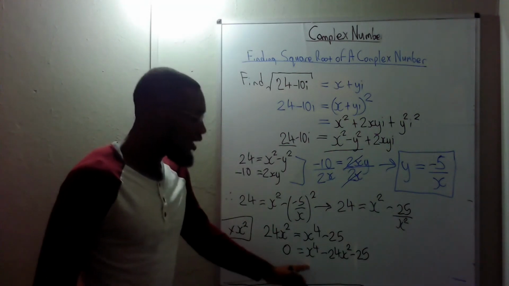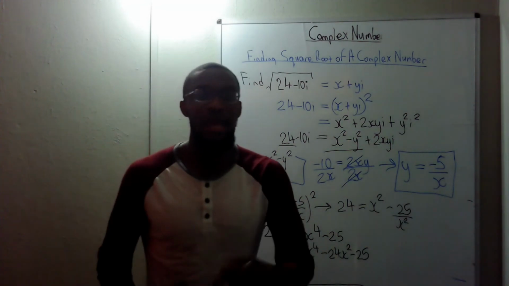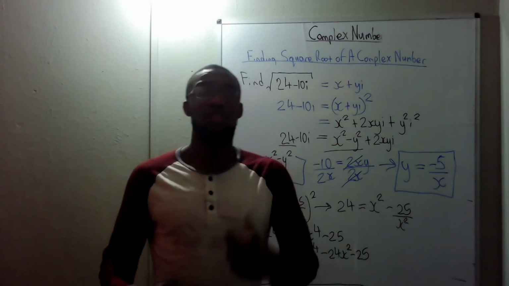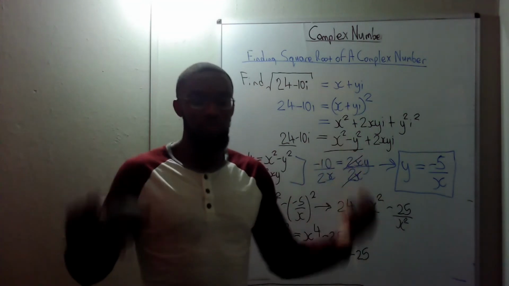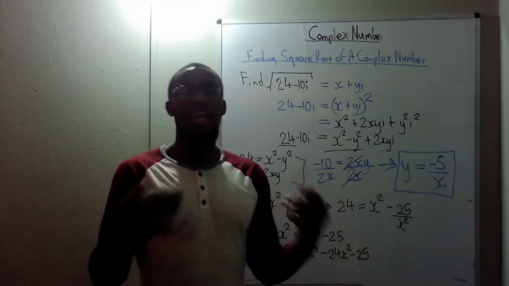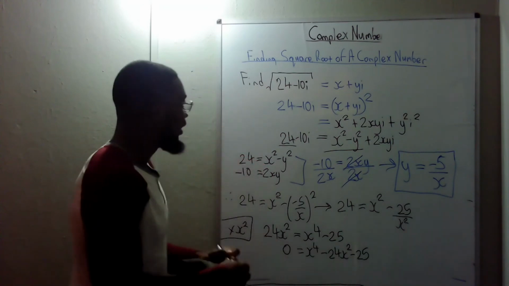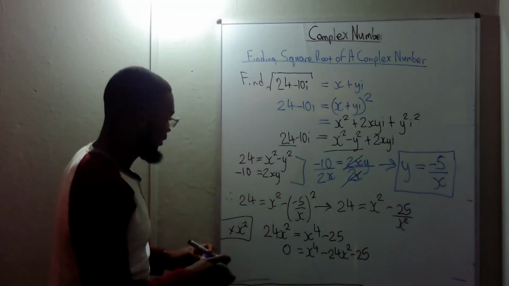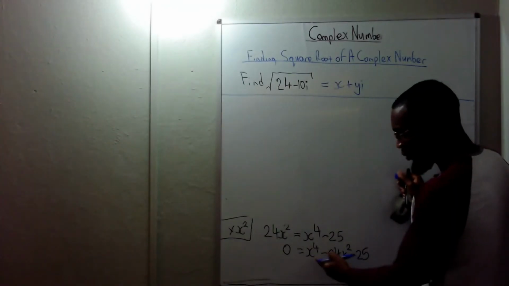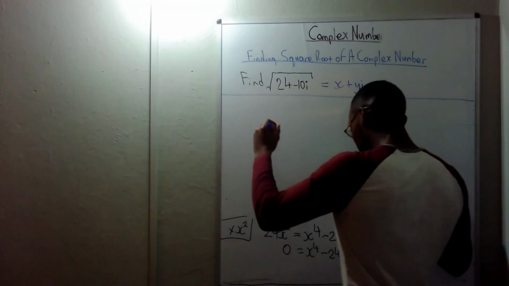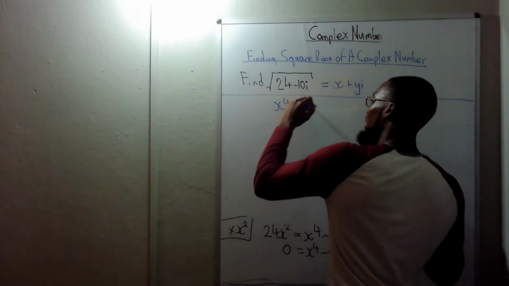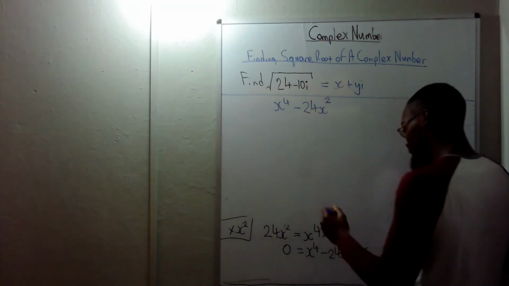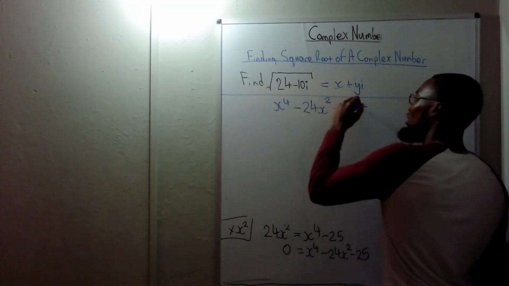Then now we can call x squared m. I like to use m, but you don't have to use my letter. You can use u, t, v, r, any letter you want. So the equation we have is x to the 4 minus 24x squared minus 25 equal to 0.